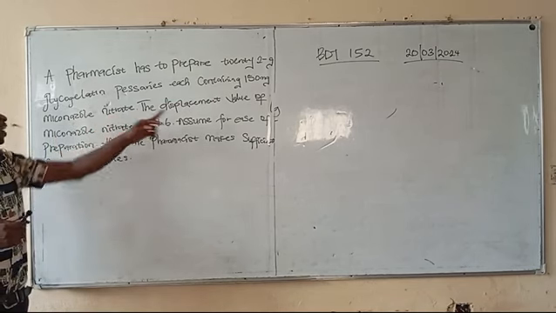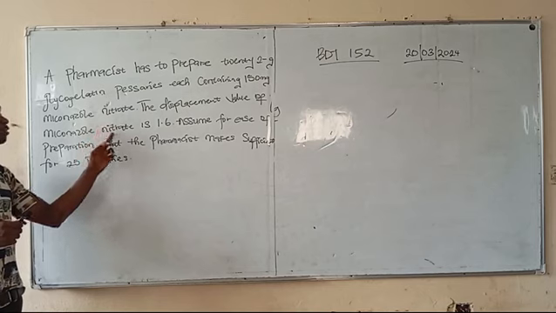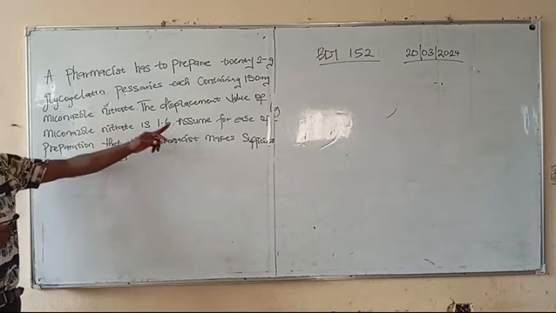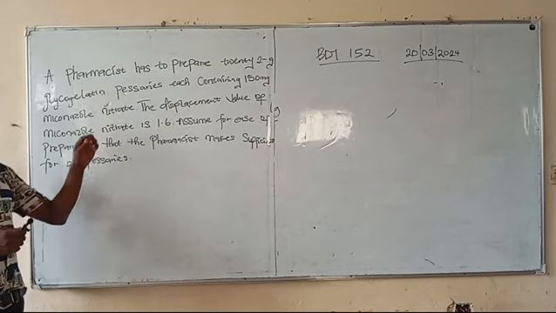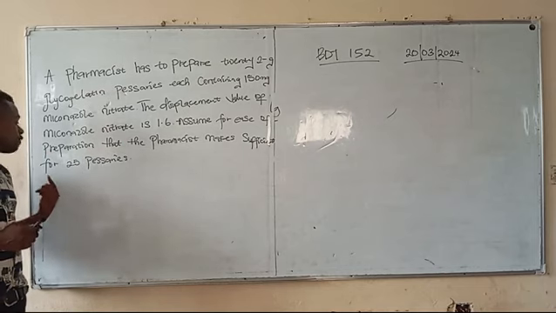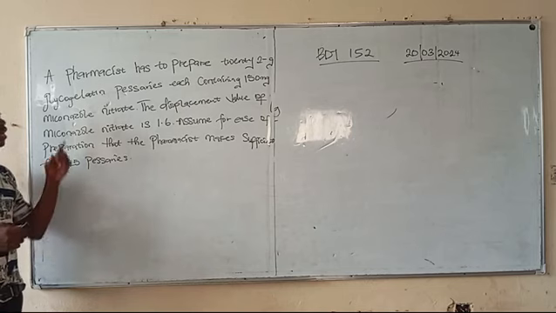The displacement value of miconazole nitrate is 1.6. Assume for ease of preparation that a pharmacist makes sufficient for 25 pessaries.